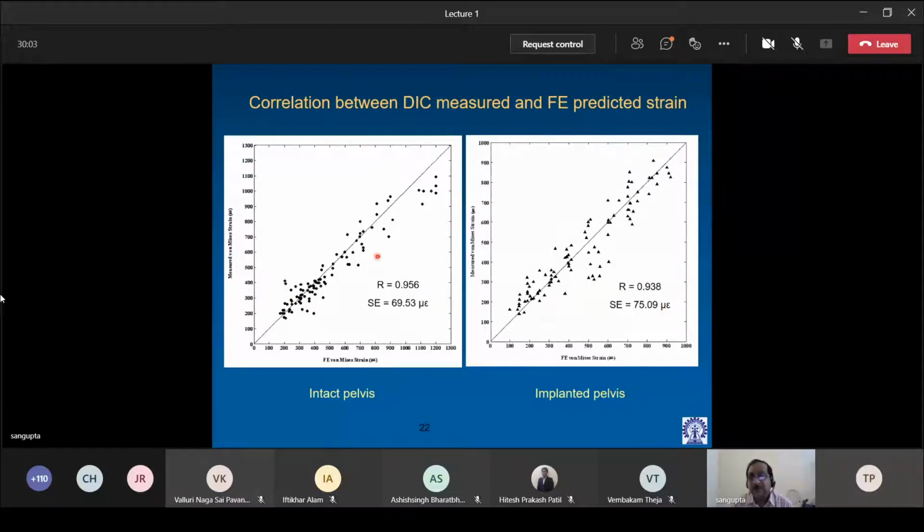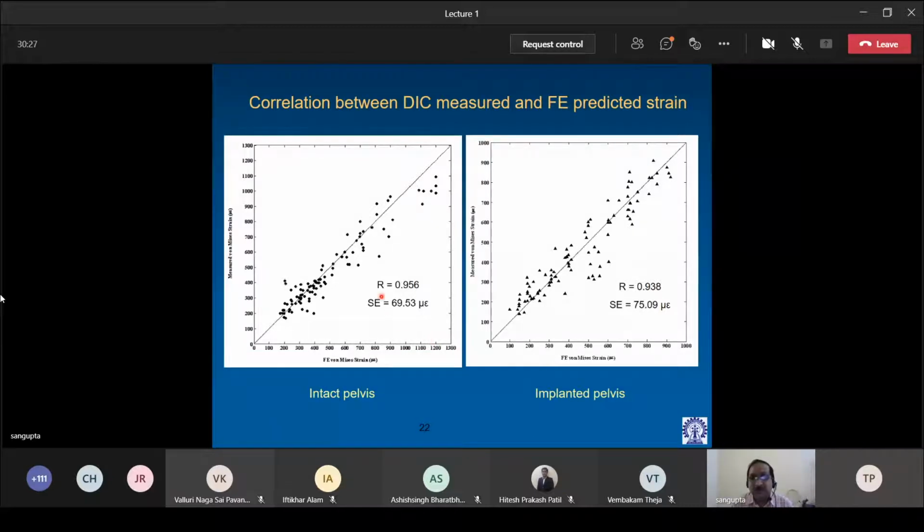If you conduct a statistical analysis, we actually got a very good correlation coefficient of 0.956 and a standard error of about 70 microstrain, which is negligibly small considering the highest strain measurement of about 1200 microstrain.